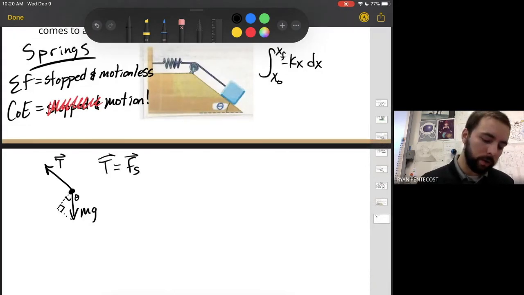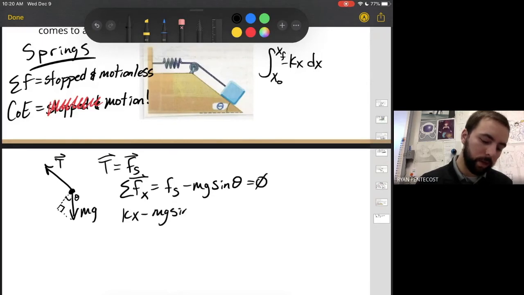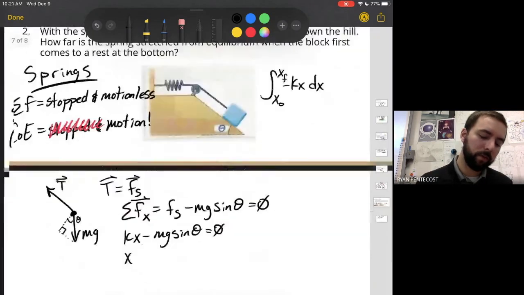So our summation of forces along the x, because that's where we defined that direction, would be F of s minus mg sine theta, and it is found at rest, so that would be 0. So then we have kx minus mg sine theta equals 0, and we want the distance, right? How far from equilibrium.